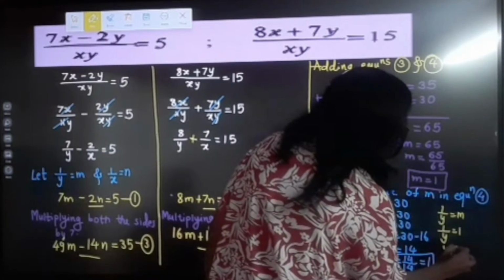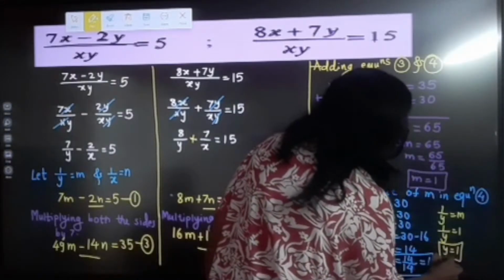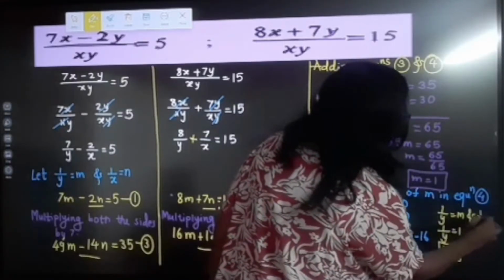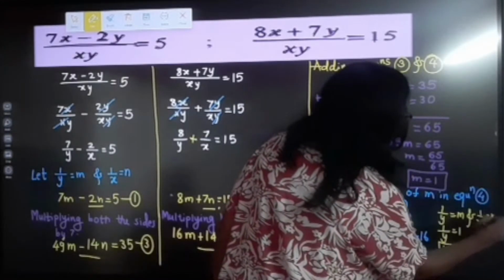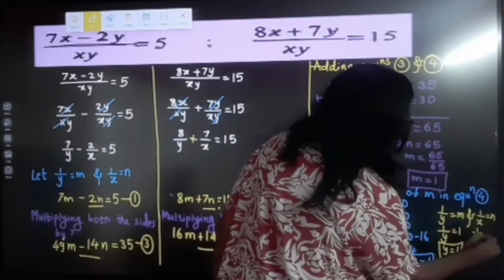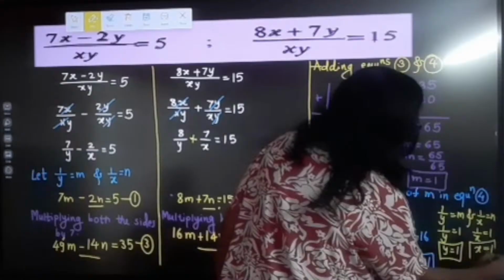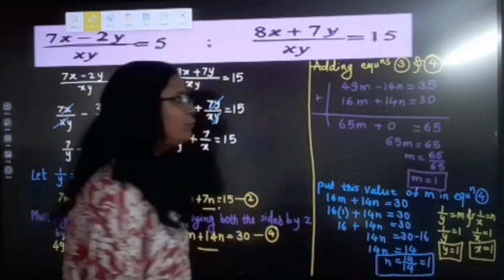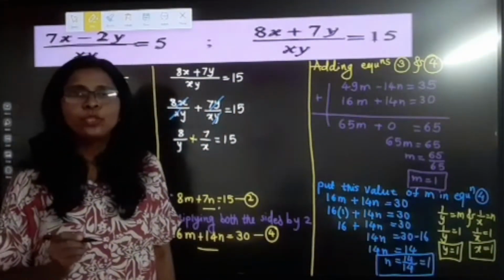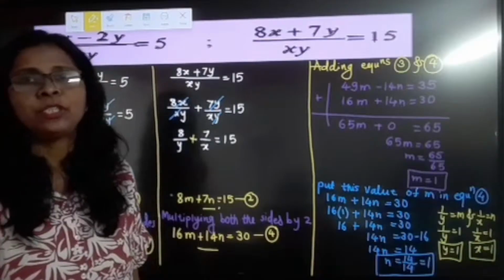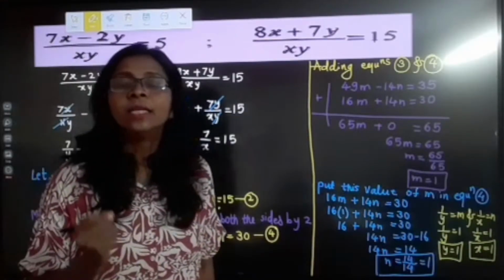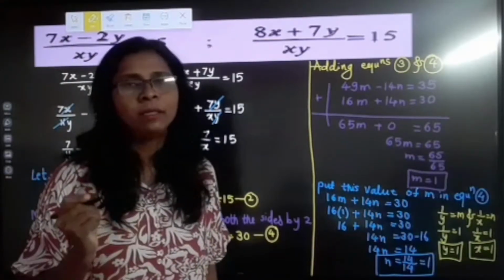So y is equal to 1. And 1 upon x is equal to n. So 1 upon x is equal to 1. So x is equal to 1. Okay, students? And therefore the solution of the given equations is x, y equal to 1, 1.